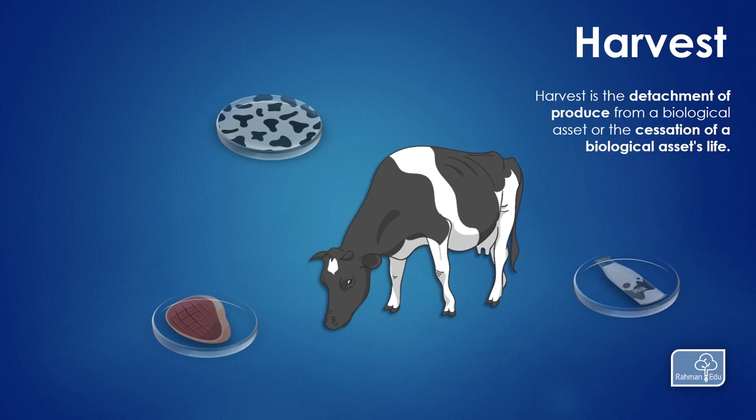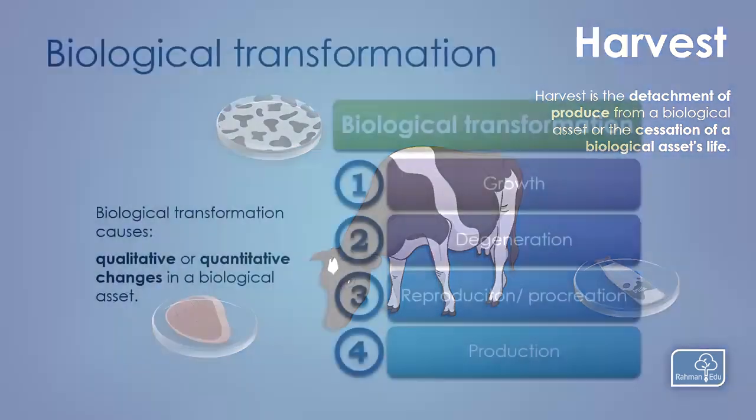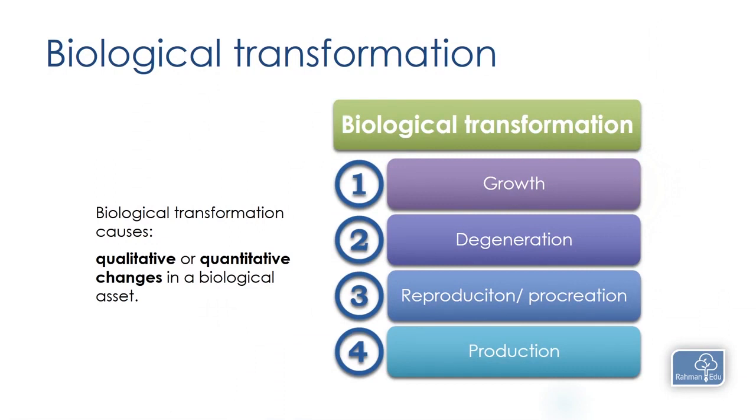You take out milk from this cow, that process is harvest. All right, we will do that later. Biological transformation can be growth, degeneration, reproduction, procreation and production. These biological transformations create qualitative or quantitative changes in a biological asset.